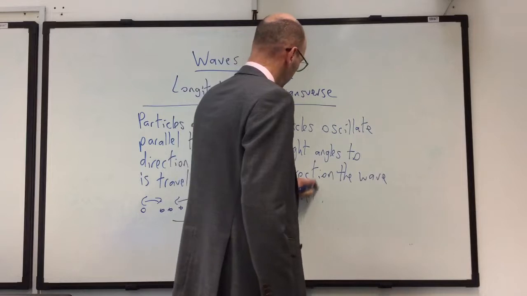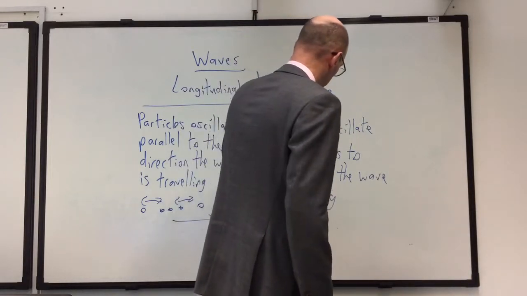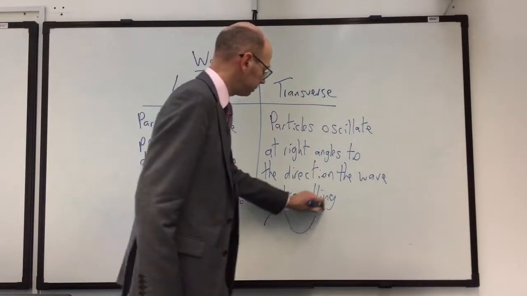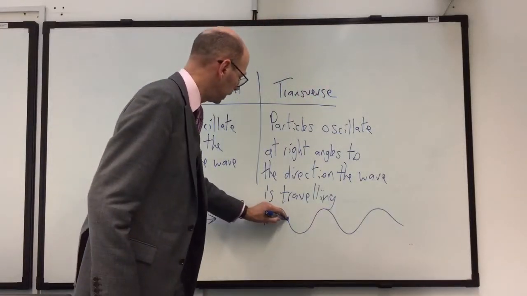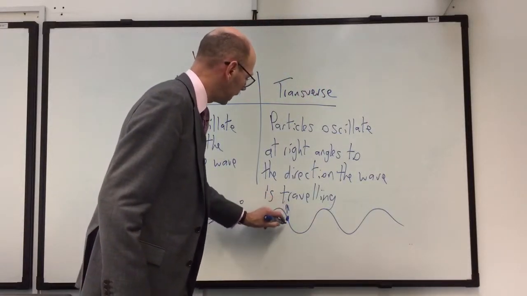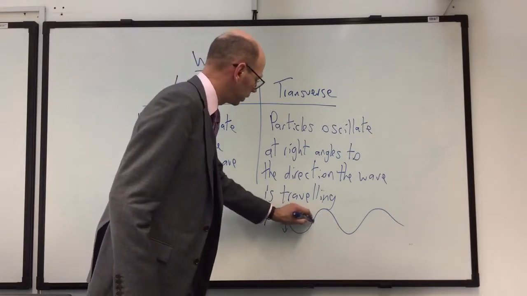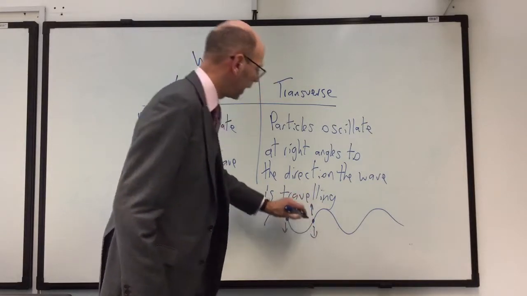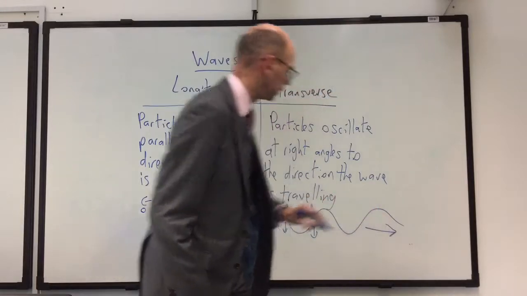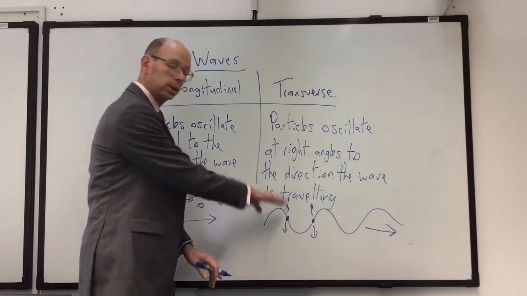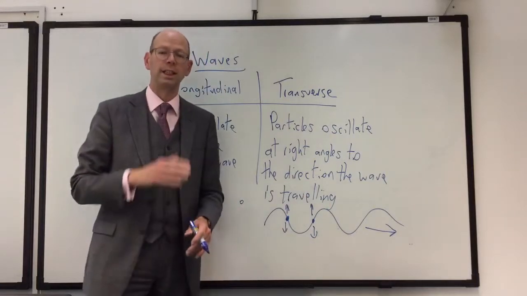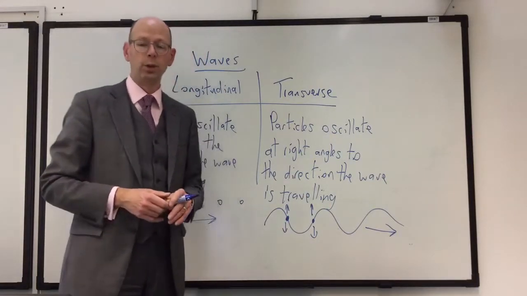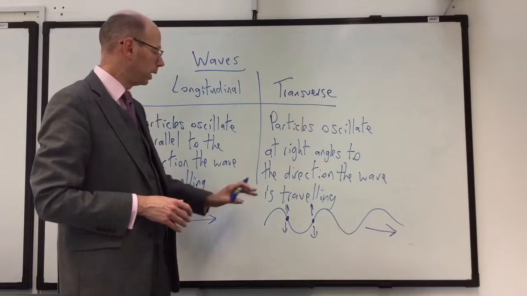So, an example of this would be a water wave. Here we've got particles. If we pick a point here, it's going to be oscillating up and down, or a point here is going to be oscillating up and down as the wave travels forward in that direction. So you can see the particles are oscillating up and down, the wave is travelling forward, the particles are oscillating at right angles to the direction of the wave.